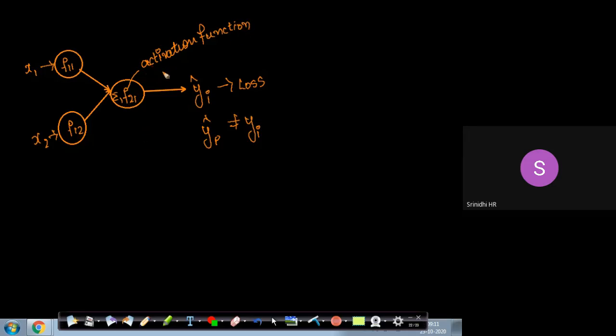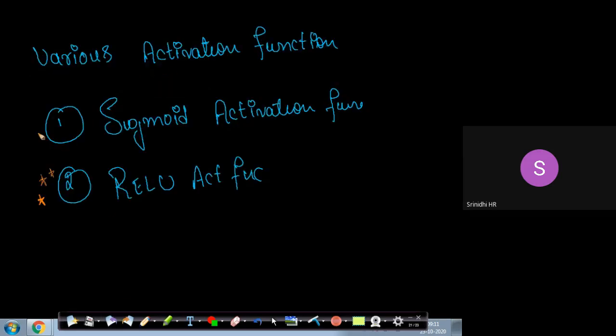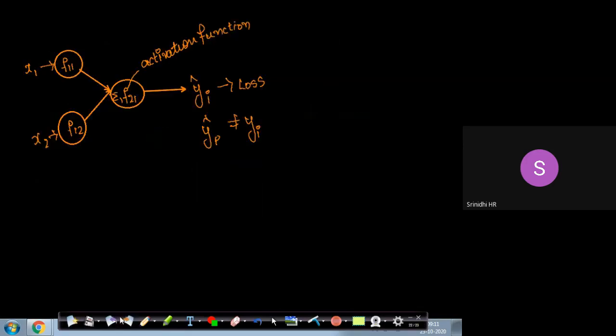Now, in activation functions I have two types: one is the sigmoid activation function, the second is the ReLU activation function. There are many activation functions I can tell, but here I have taken the sigmoid activation function and will be discussing it precisely.